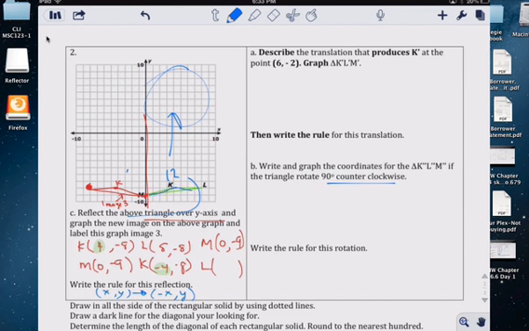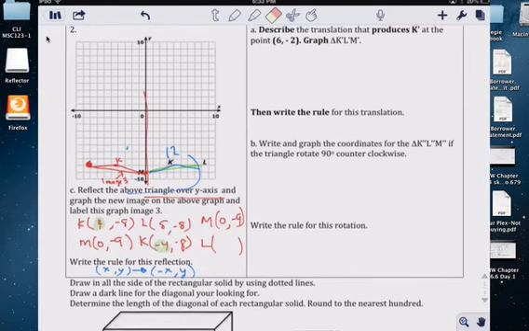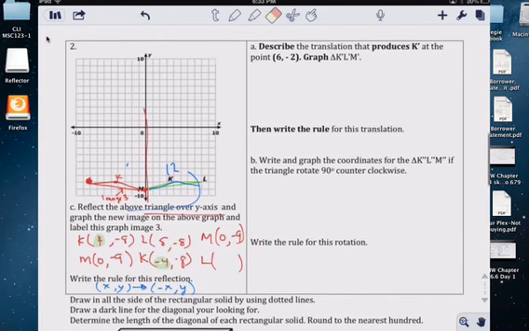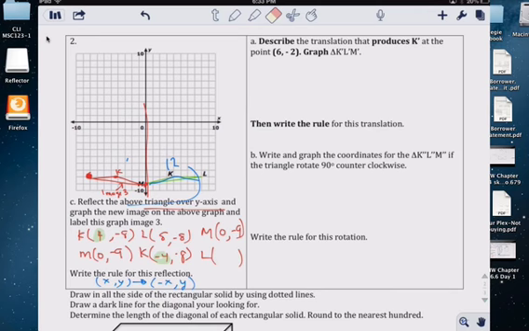This is laying down, so it needs to be standing up. If it's laying down again, it's wrong. So make sure it's this way. And then write the rules. You need to do this. I'm not going to do it, but I expect you to know how to do it because we've done a lot of this.